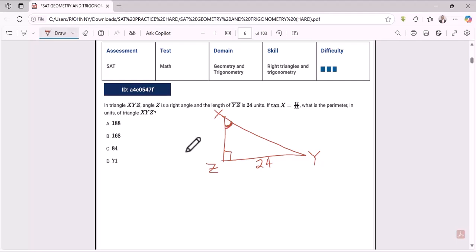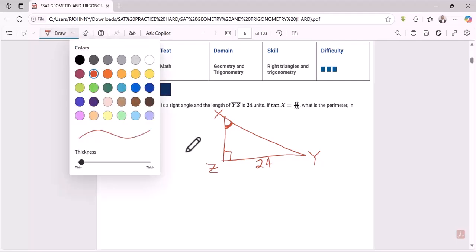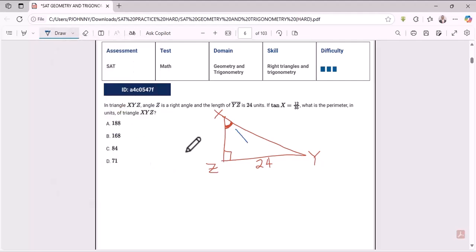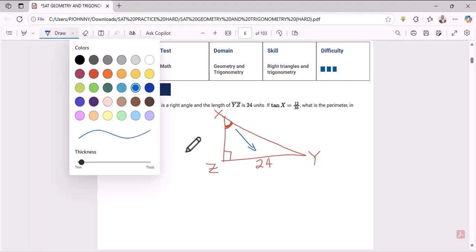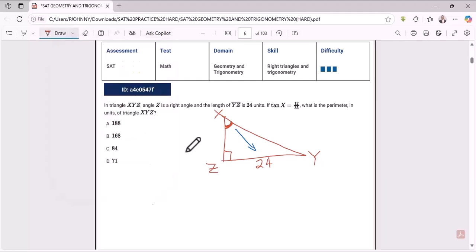So if tan X is 12/35, tan is opposite over adjacent. The angle under consideration is how you determine your opposite, right? So your opposite is basically where the angle is looking at, that's 24. And where's your adjacent? Adjacent is the side connecting the right angle and the given angle, or the angle under consideration, so that's 35.